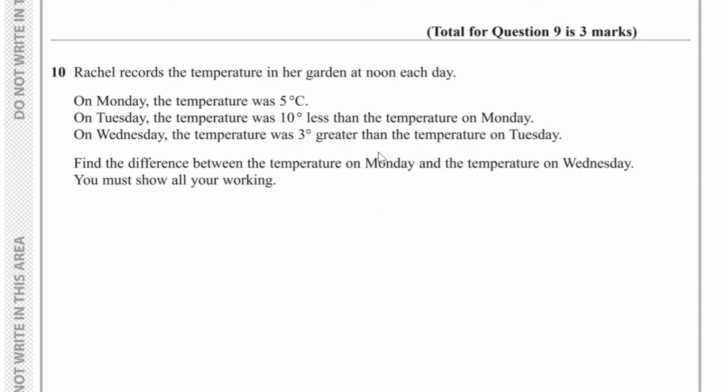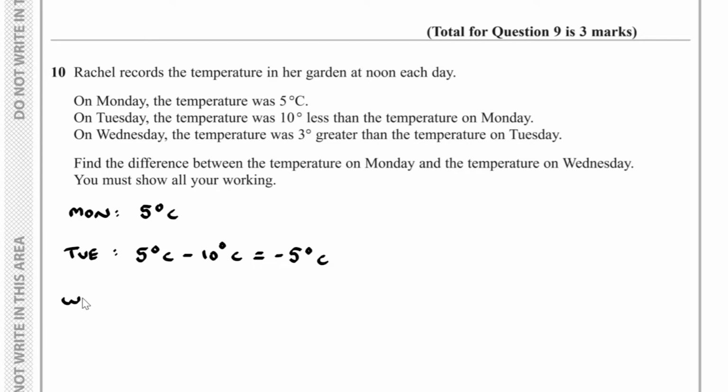You must show all of your working. On Monday, the temperature is 5 degrees C. On Tuesday, it is 10 degrees less than Monday, so we have 5 degrees subtract 10 degrees, which is -5 degrees C.